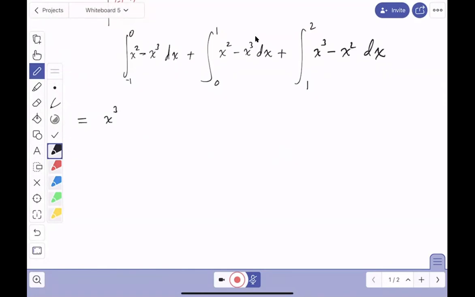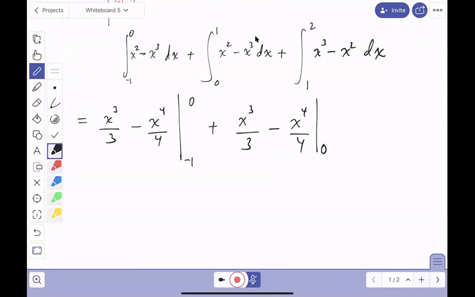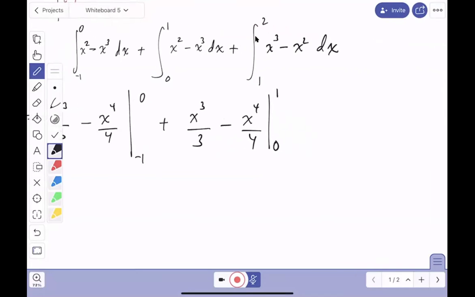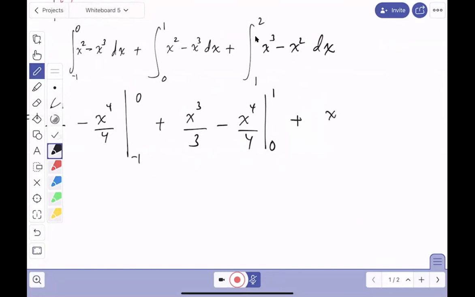X cubed over 3 minus x to the 4th over 4, limits of integration -1 to 0, plus x cubed over 3 minus x to the 4th over 4, limits of integration 0 to 1, plus x to the 4th over 4 minus x cubed over 3, 1 to 2. I know it's a lot of work.